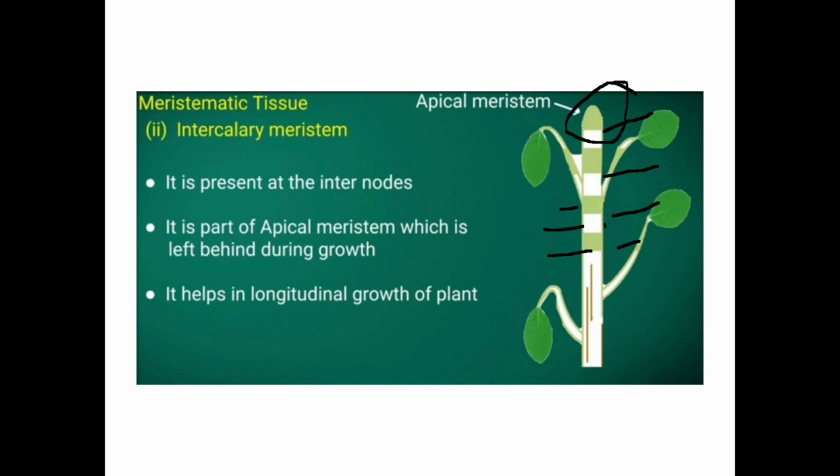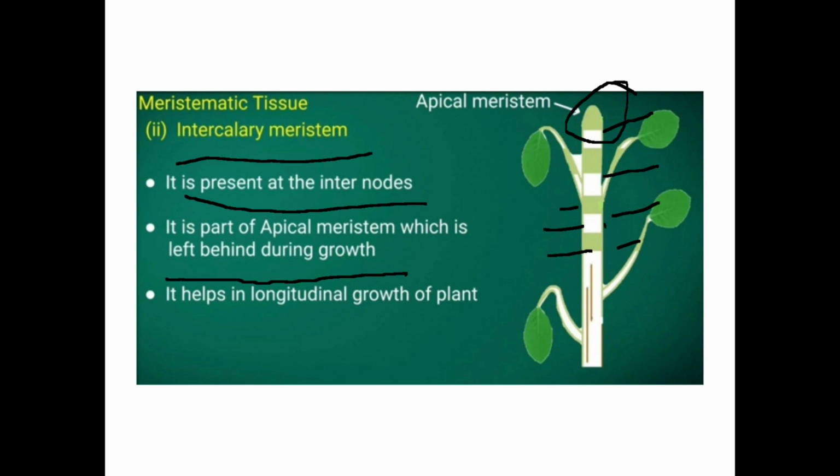Initially, at the tip of the plant stem or root, there is apical meristem. Then it is left behind and becomes intercalary meristem, present at the internodes. It is a part of the apical meristem which is left behind during growth.